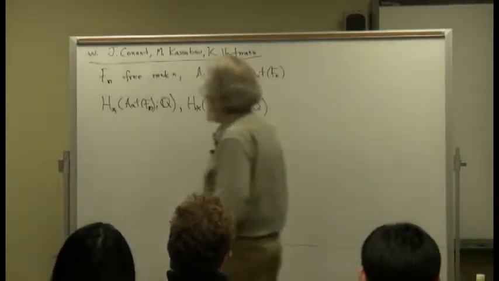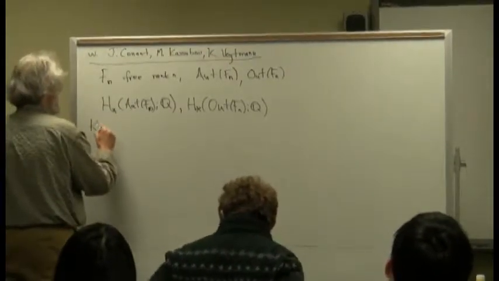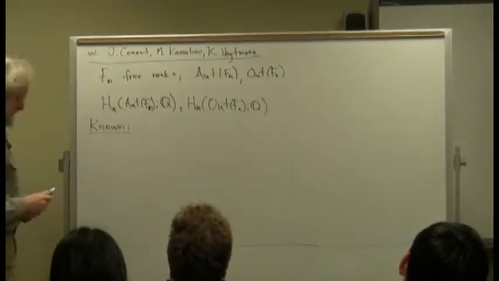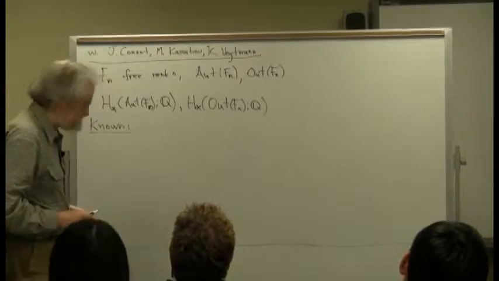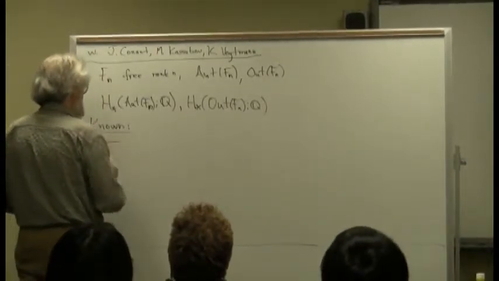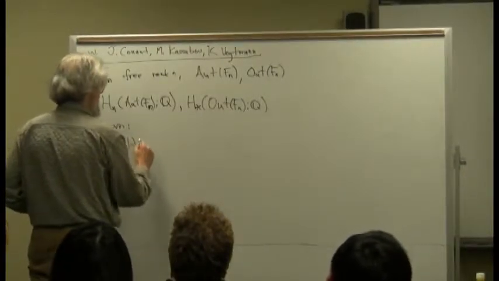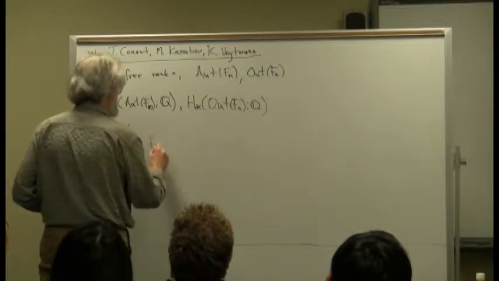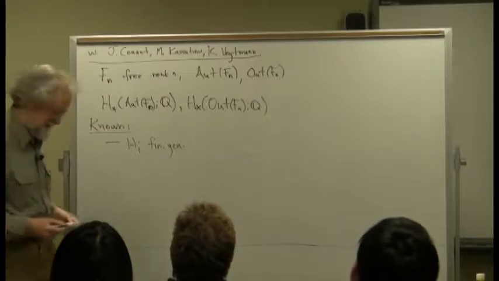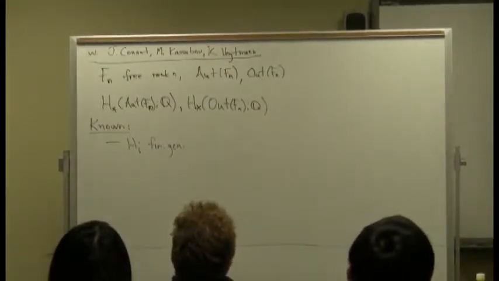So let me start by summarizing what's known. Again, I'm going to leave out the Q coefficients, but always they'll be implicit. So the very first thing, I suppose, is that these groups are finitely generated. Well, they're vector spaces over Q, so that means finite dimensional vector spaces over Q. That's even true with integer coefficients.